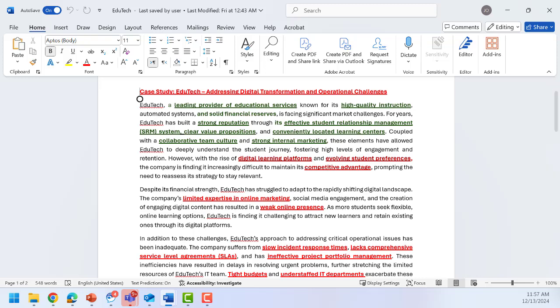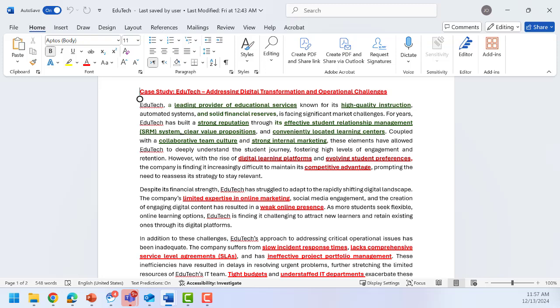Positive words like leading, high quality, solid or strong financial reserves, strong reputation. Those are positive things, for example, a strong collaborative team, strong internal whatever.